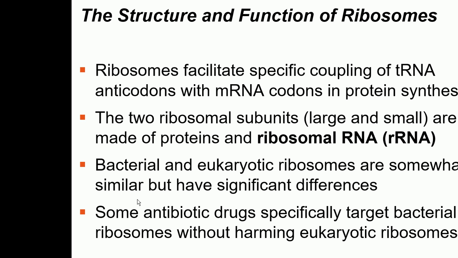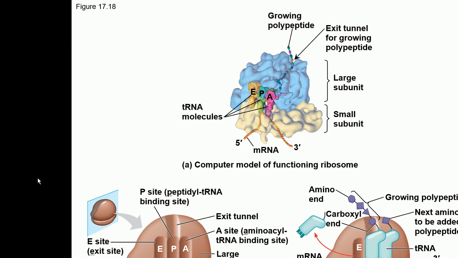So this is the smaller subunit of the ribosome, and here is the mRNA binding site. This is the larger subunit, with the A site, P site and E site. The E site is where the transfer RNA can exit. The P site is where the transfer RNA carrying the growing polypeptide chain sits. The A site is where the new transfer RNA enters and brings the new amino acid.